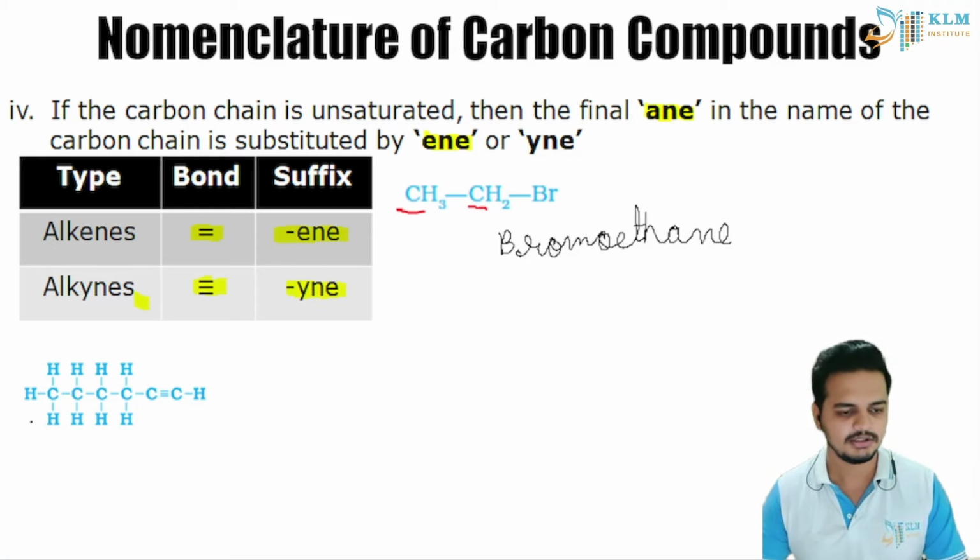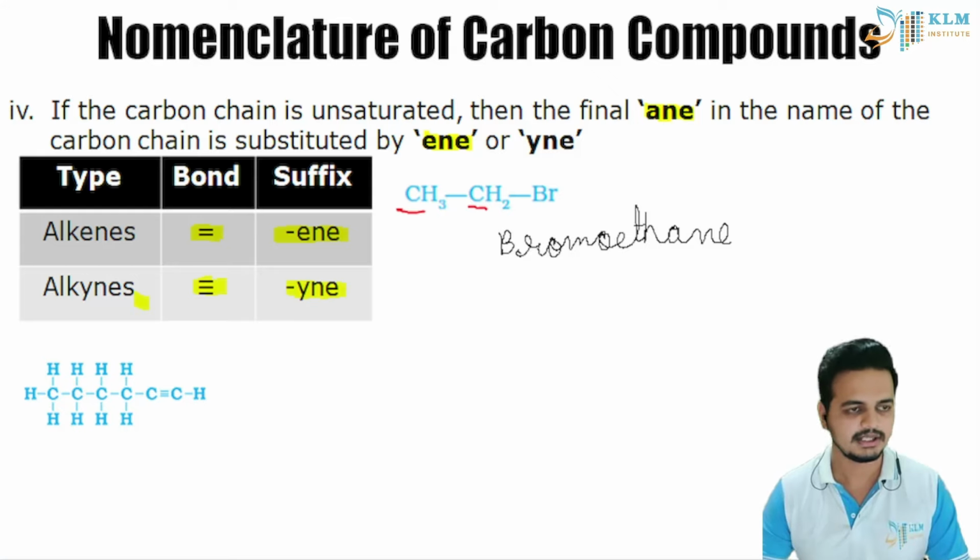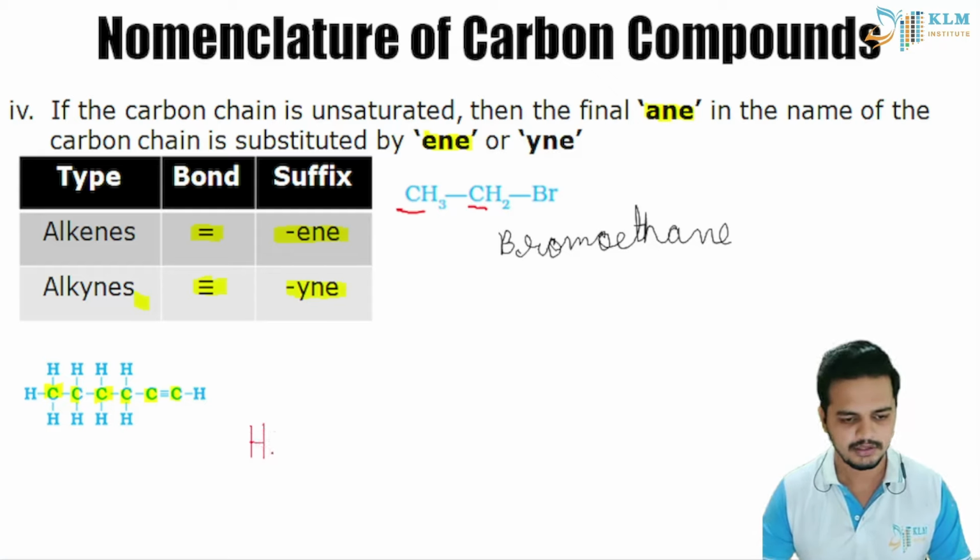So here, this compound, can you name this compound? Yes, you can. See, count the number of carbon atoms. 1, 2, 3, 4, 5, and 6. So there are 6 carbon atoms. So what is the root word of the compound? It is hexa.